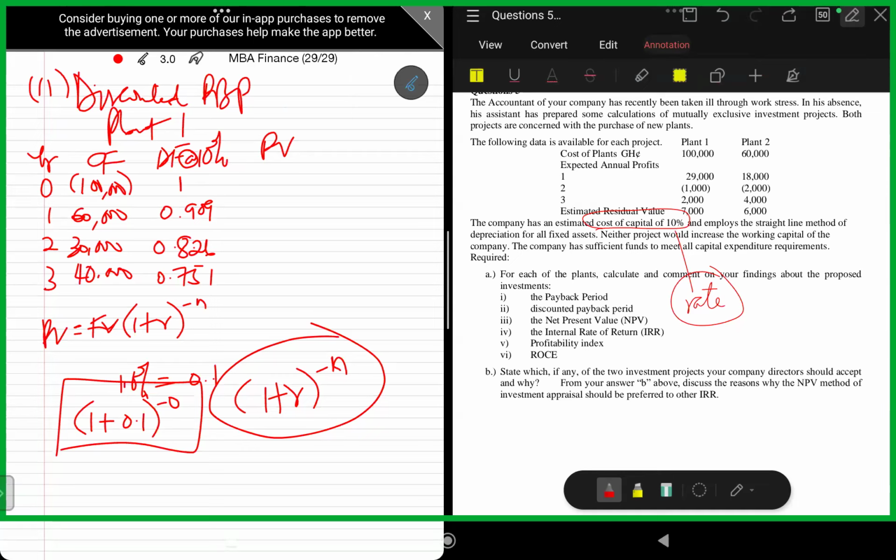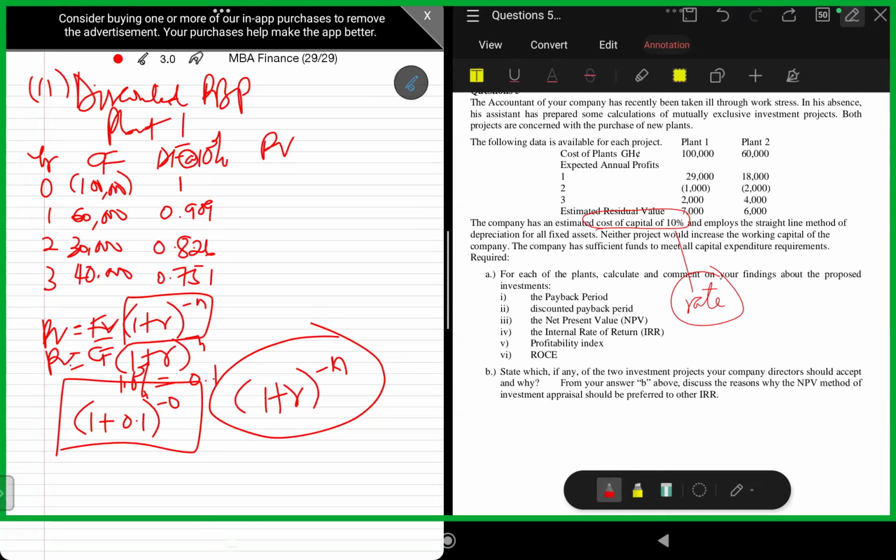There will not be many formulas. So present value equals future value times what? Discount factor. The cash flows are like future values. Then we multiply them by the discount factor before we can get the present value. Do you get it? Yes.